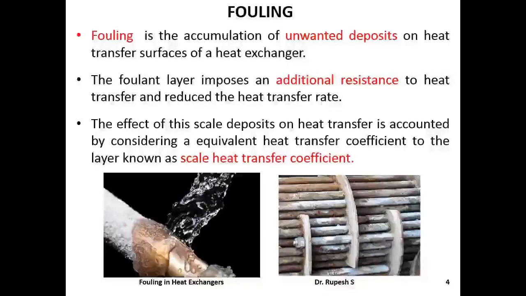In convection, if we know the heat transfer coefficient h, then we can find out the thermal resistance. The same methodology is used here. We will discuss this in more detail later. Here you can see a shell and tube heat exchanger where we have certain deposits on the tube surfaces.